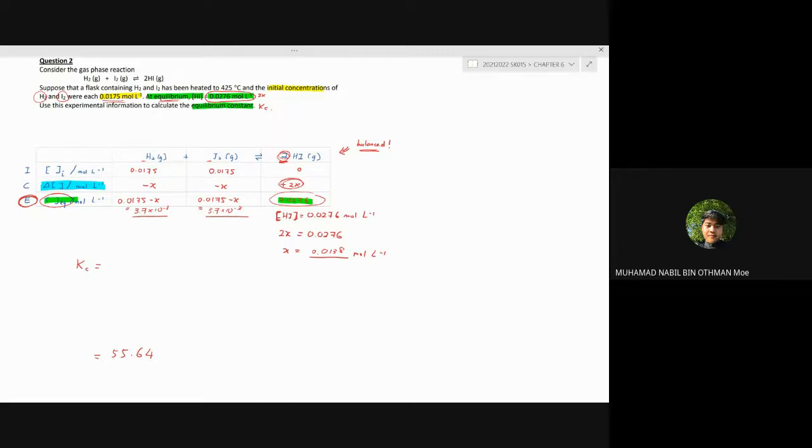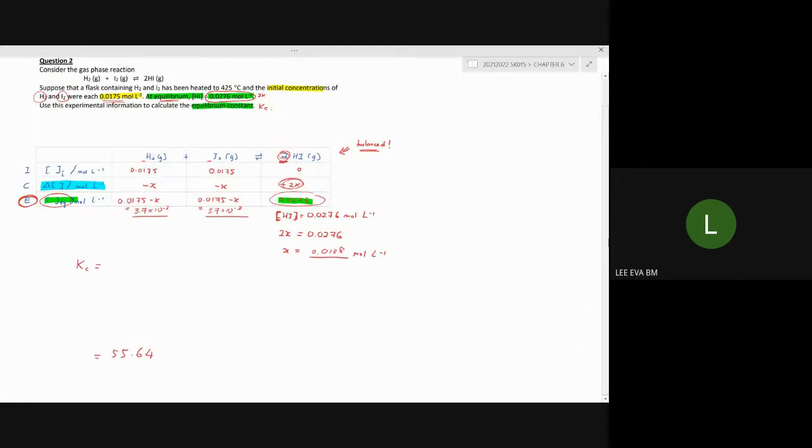Dapat. Ada soalan tak kalau untuk soalan guna ICE table? This one is first time you using ICE table ya. Madam, so the initial concentration for HI is 0, right? Or we don't know? It's 0 because it gives the initial concentration only for H2 and I2.